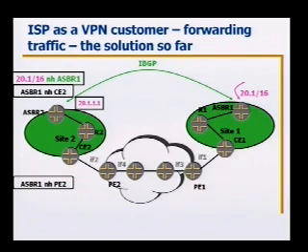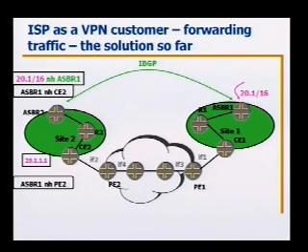So let's see what happens when we try to forward traffic in this model. Let's say we want to forward the packet towards destination 21.1.1 from Site 2. So we have a route for 21/16 with a next hop of ASBR1, and we have a route for ASBR1 pointing towards CE2, the guy at the edge of this site. So we're going to forward the traffic as IP towards CE2.